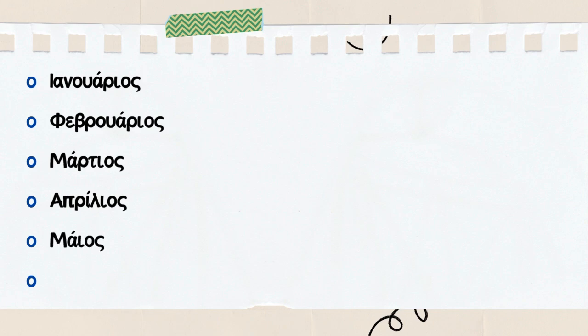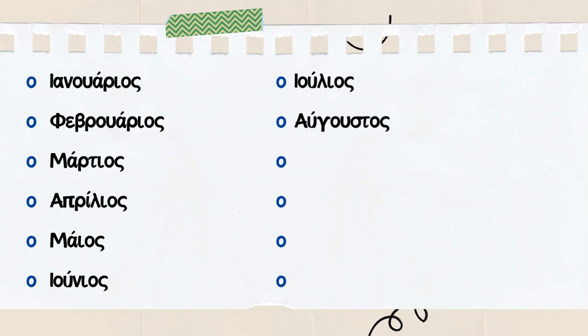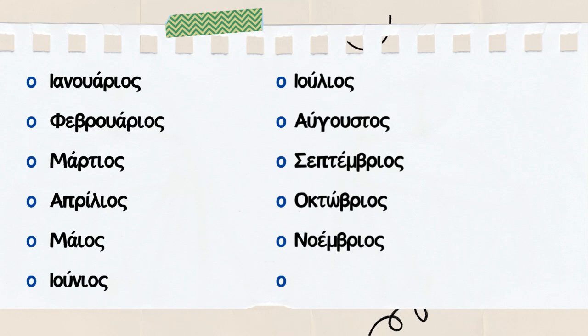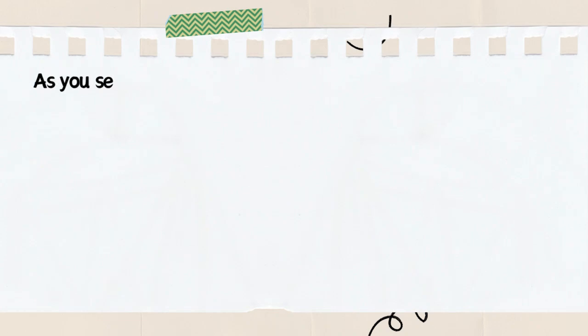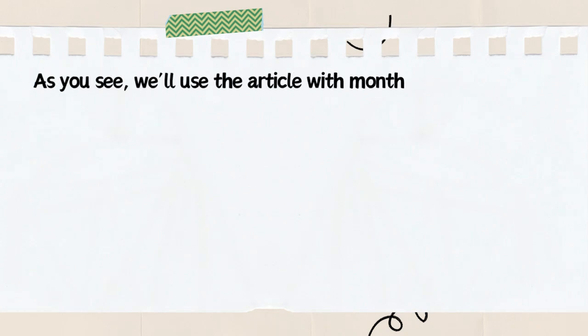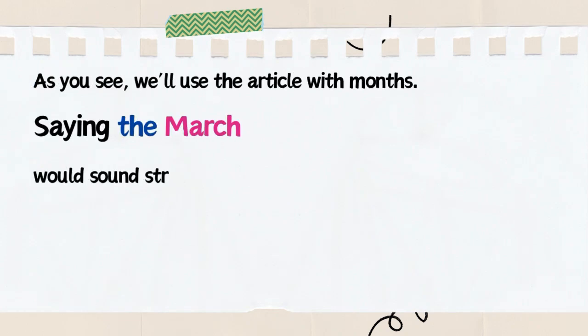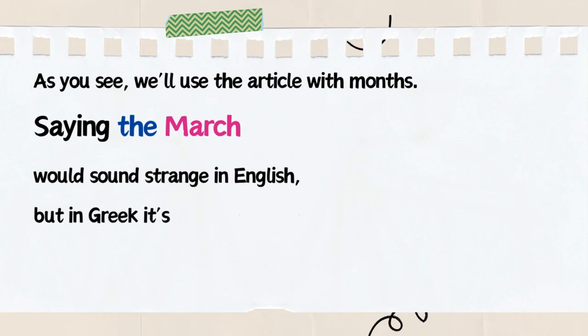Ο Ιανουάριος, ο Φεβρουάριος, ο Μάρτιος, ο Απρίλιος, ο Μάιος, ο Ιούνιος, ο Ιούλιος, ο Αύγουστος, ο Σεπτέμβριος, ο Οκτώβριος, ο Νοέμβριος, ο Δεκέμβριος. As you see, we'll use the article with months. Saying the March would sound strange in English, but in Greek it's totally fine.